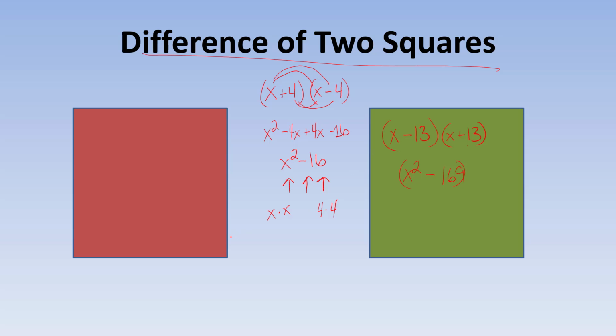Please be very careful to not confuse that with x plus 4 times x plus 4. This is simply a value squared. X times x is x squared. X times 4 is 4x. 4 times x is 4x. 4 times 4 is 16. So we end up with x squared plus 8x plus 16.